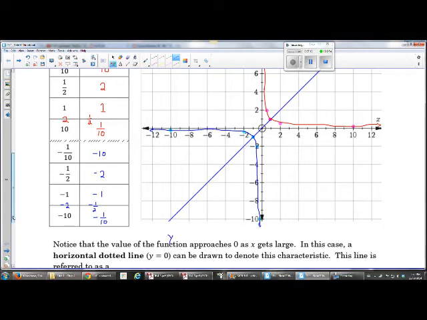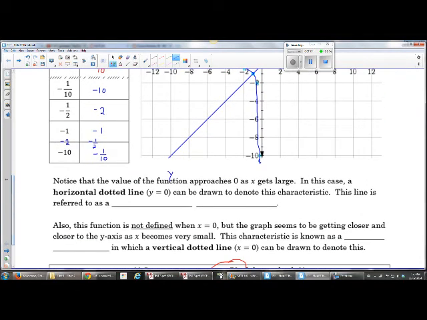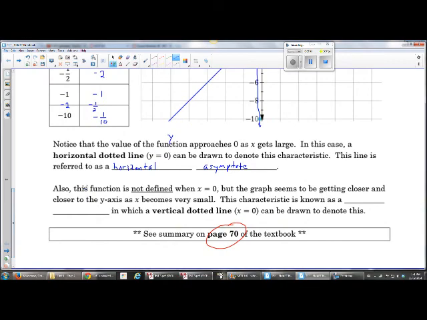And that line is referred to as the horizontal asymptote.